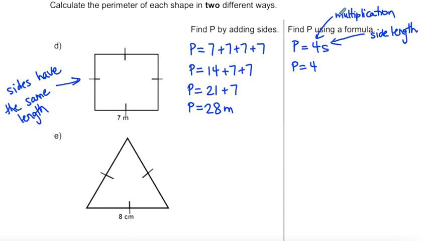So 4 times my side length, which is 7, and 4 times 7 is 28, and my units are meters. So you may find that using the formula becomes a more efficient method over time.